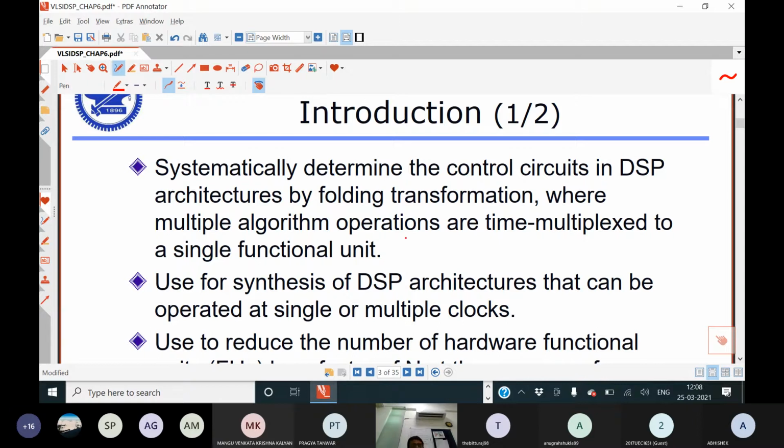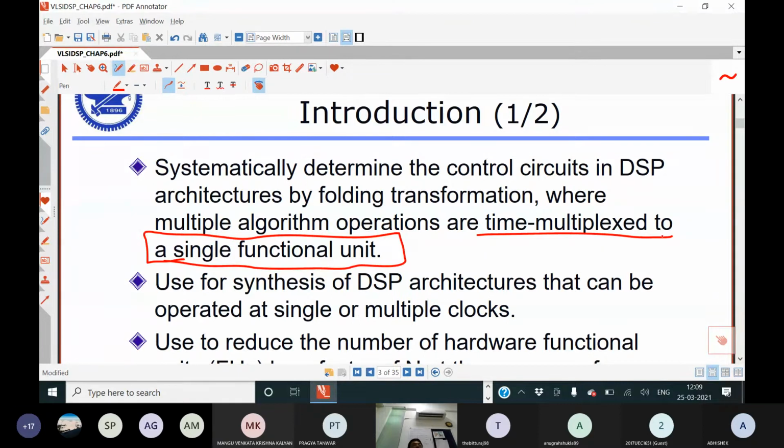Folding is able to use a single functional unit, or a limited number of functional units, in a time multiplex form. What I mean by time multiplex form is that this particular functional unit would be used multiple times over a period of time in order to complete the functionality.